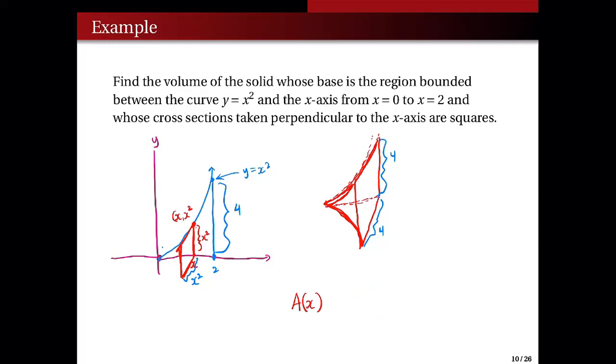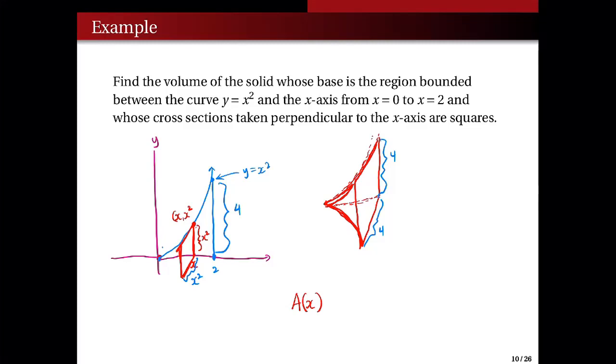The cross sections are perpendicular to the x-axis. This is your x-axis, so perpendicular to the x-axis. So it seems that your squares are moving from this point up to this point. So the motion is horizontal here.